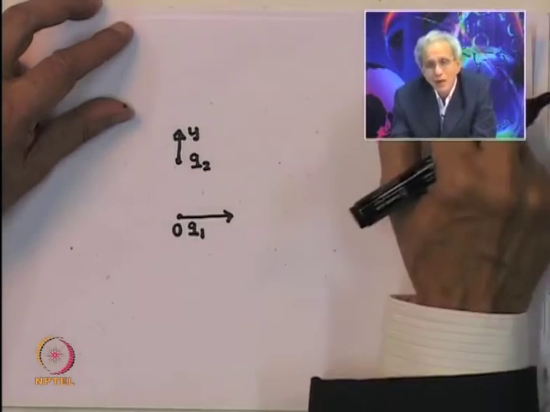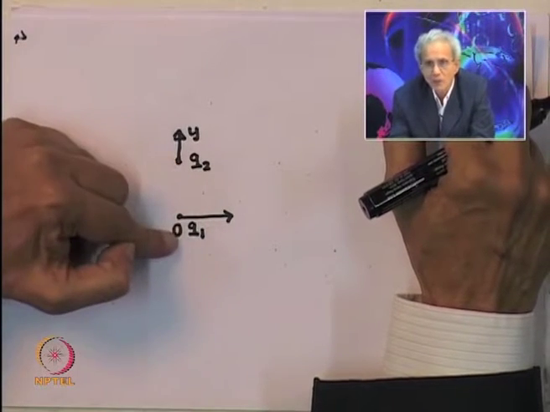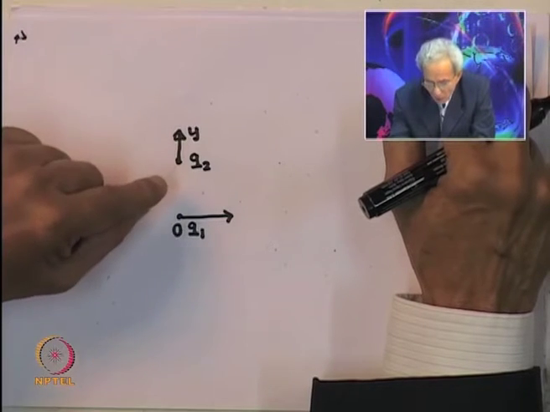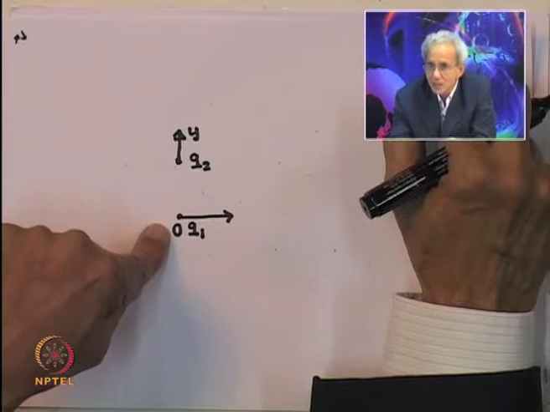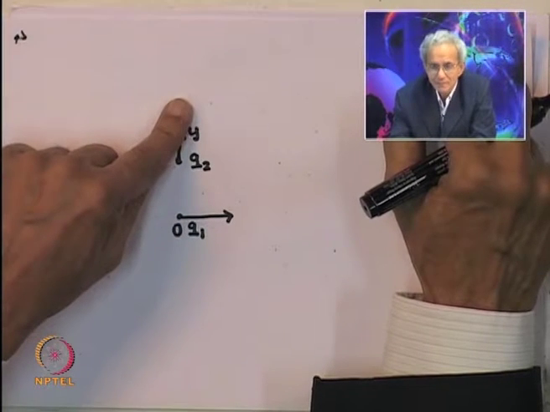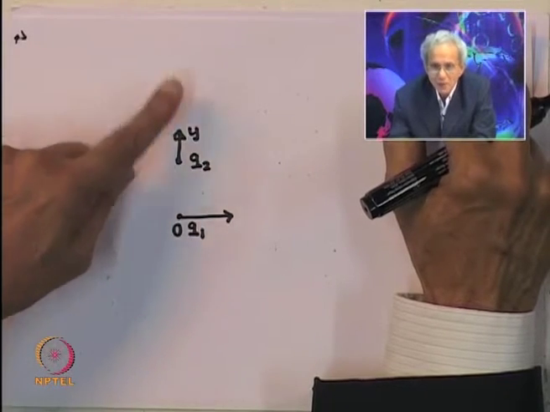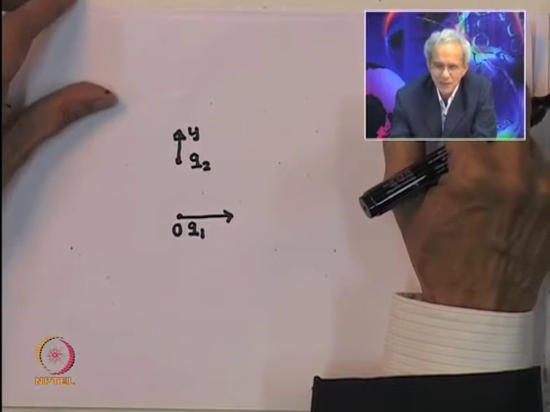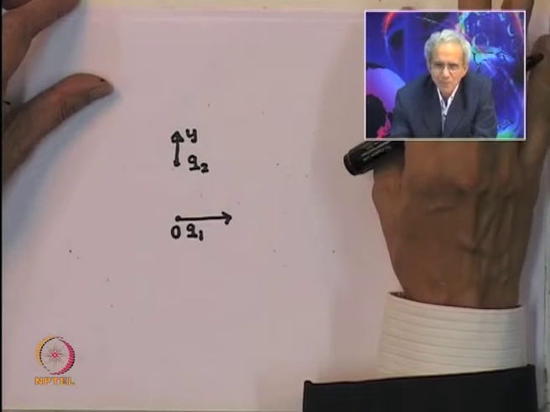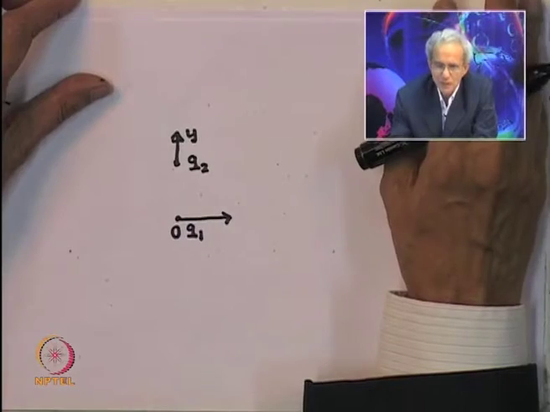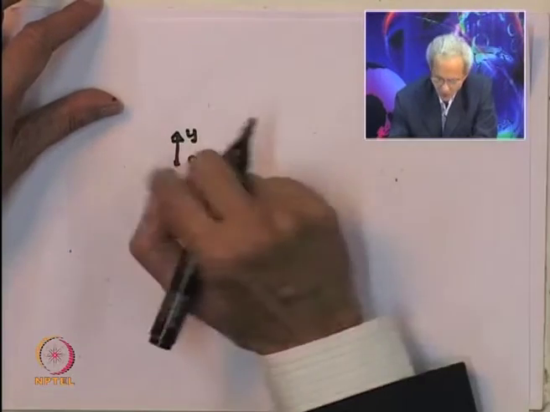But let us look at what happens to the force due to q 2 on q 1. Now, the field due to q 2 on q 1 at the origin is 0, since it is moving along this line. You can see it intuitively, but a more rigorous justification can be given if you know the direction in which the magnetic field acts for a charged particle moving at velocity v.